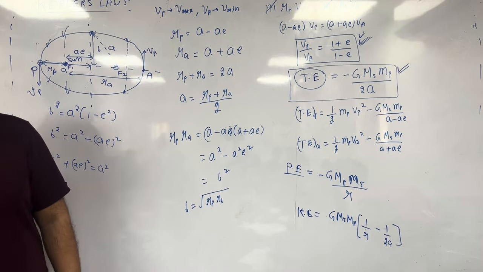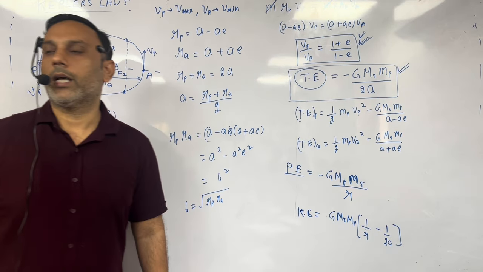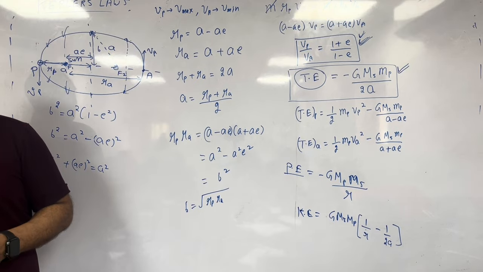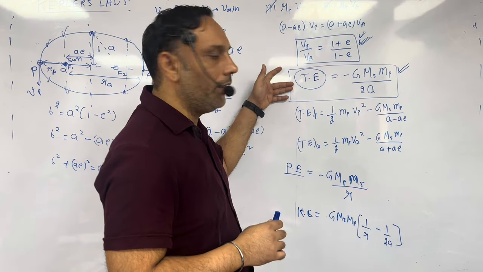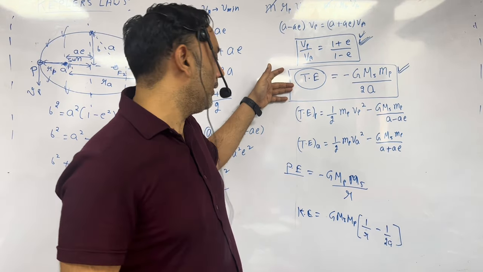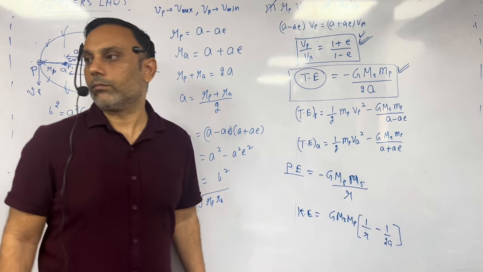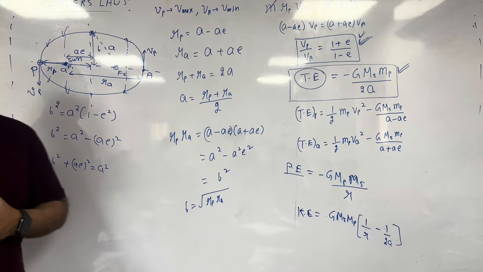Yes, but understood or not? Total energy minus potential energy will be kinetic energy at any location. So these are very important formulas: total energy always remains conserved, and we have potential energy and kinetic energy at any location. So that is all about Kepler's first law.